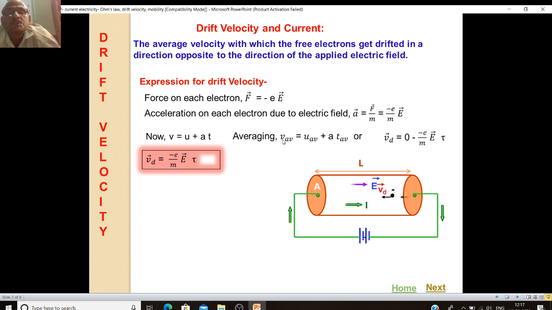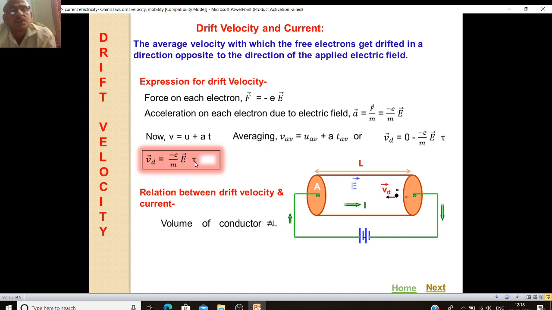So it is represented as Vd, and the average initial velocity is 0. If we substitute the value of acceleration, then we will get Vd equals negative of eE by m into tau. This tau is the relaxation time.